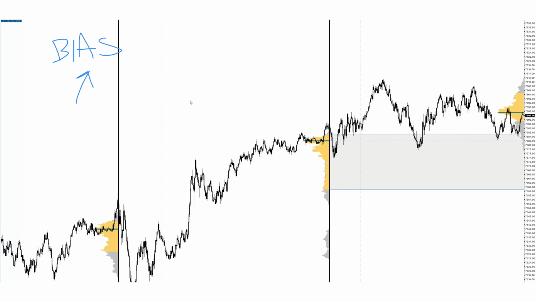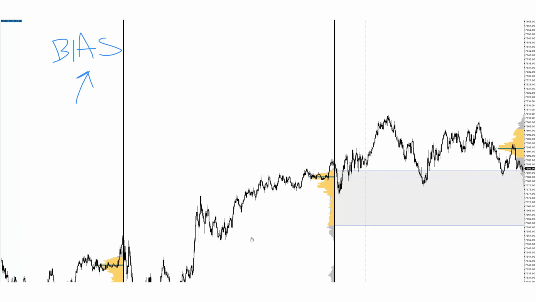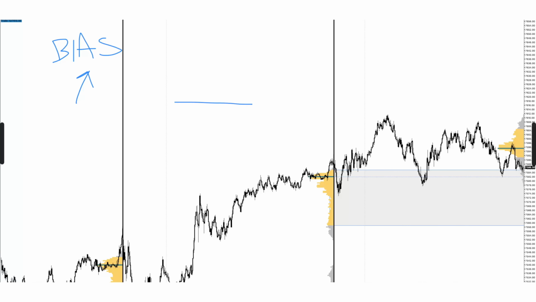Now we have a clear bias and we have some zones that we can use to execute our trades. Why is that? Because when you have an area and your bias is long, you can only take executions to go outside or to be inside this area, going from the value area low to the value area high.